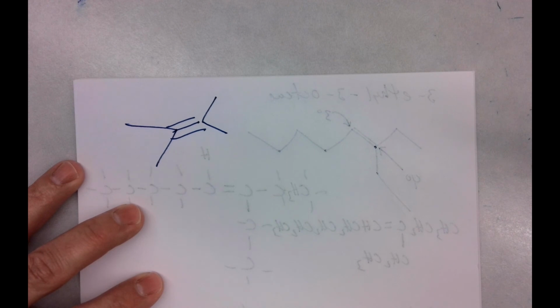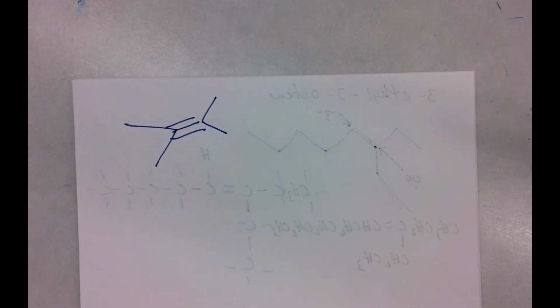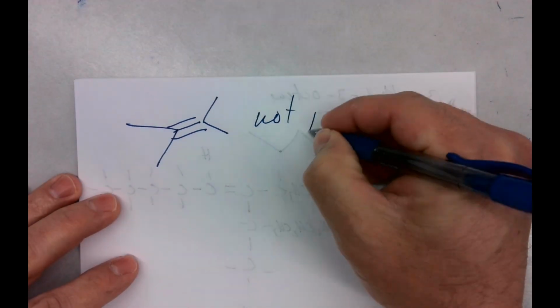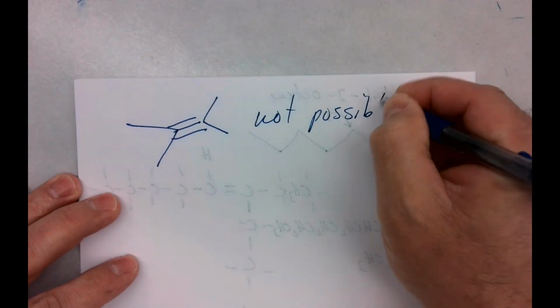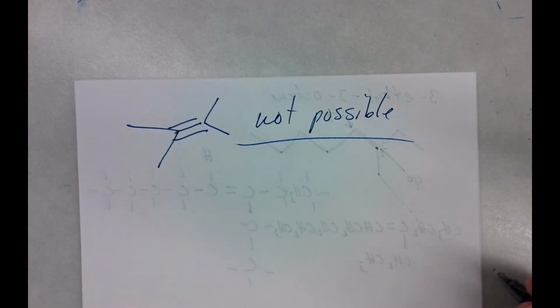It simply asked, is this possible? No. Why? Because it's got 5 bonds. This is not possible. I'm pretty sure that was the answer on one of the questions on the last test.